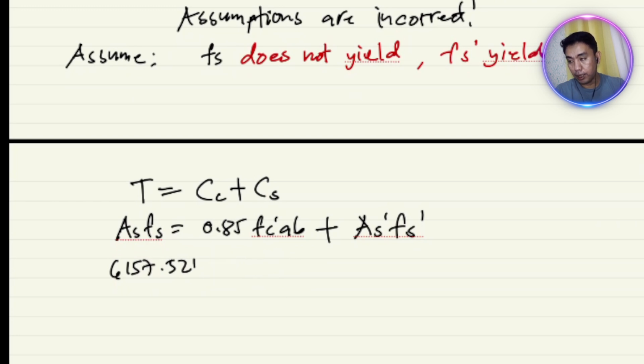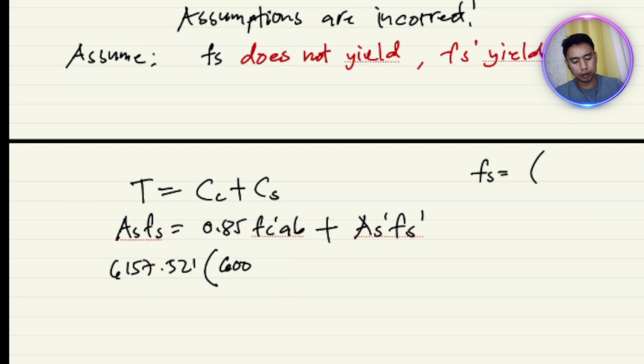Okay? So, ang mangyari kasi dito, this is As Fs. So, 6157.521. But ang tension steel natin does not yield. So, less than Fy. So, let's solve that. Pag tension, ano yun?